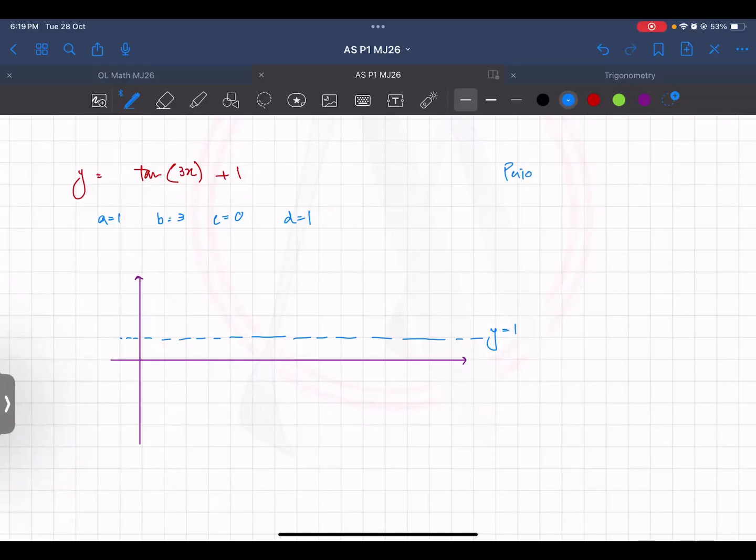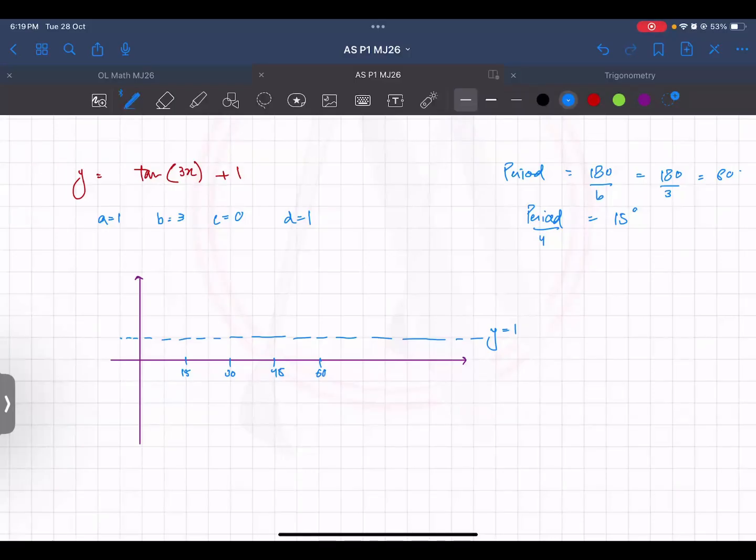Period formula for tan was 180 upon B, so it will be 180 upon 3, which is 60. And then I told you to divide this new period by 4, so you will get 15. So now 15, 30, 45, 60.